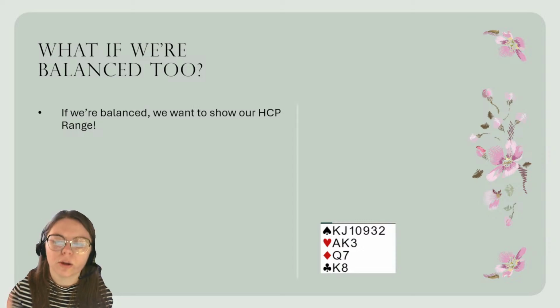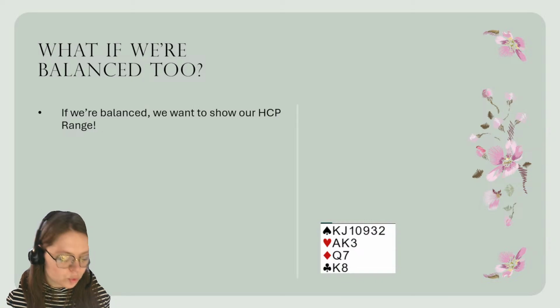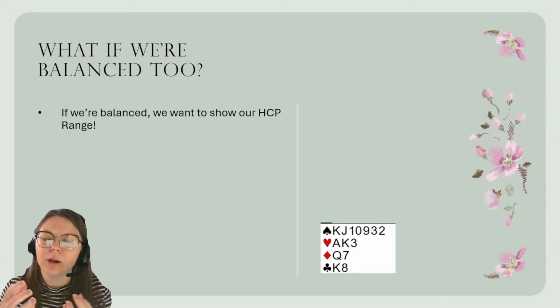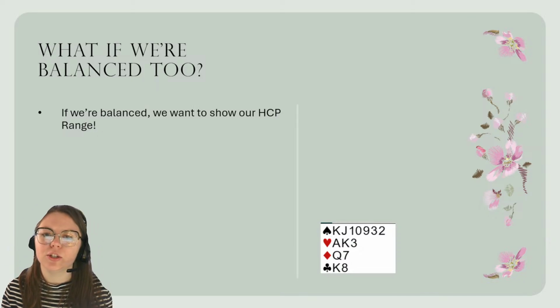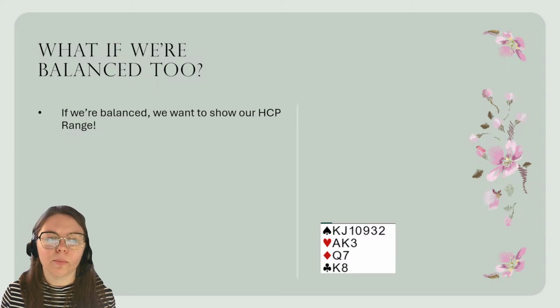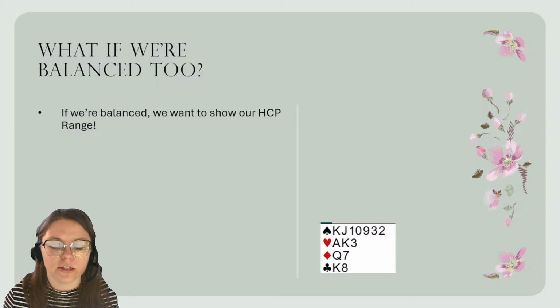When you open two no trump, it shows 20 to 21. When you rebid one no trump, it shows 12 to 14. We get real narrow with those ranges. And it's because when we are balanced, all of our trick taking potential is bundled into our high card points. So if we are balanced, we want to show our high card point range, and that's still going to hold true in these Jacoby 2 no trump auctions.